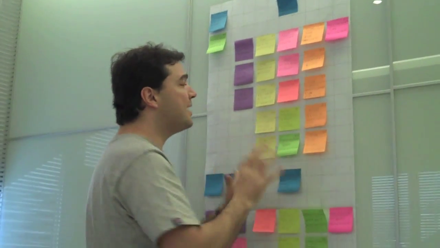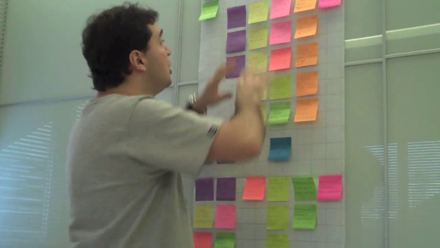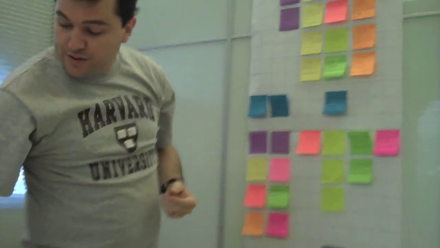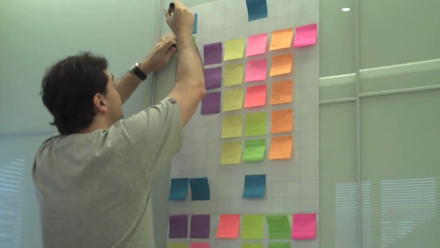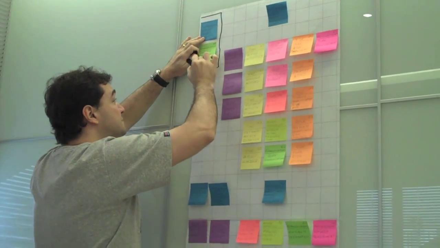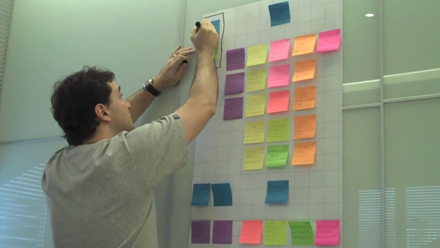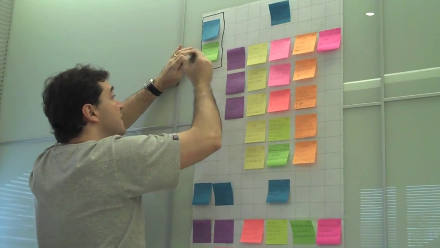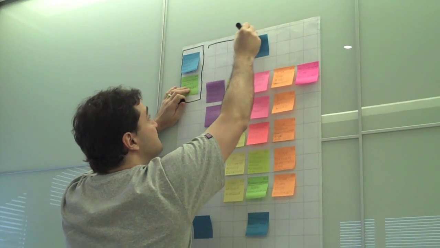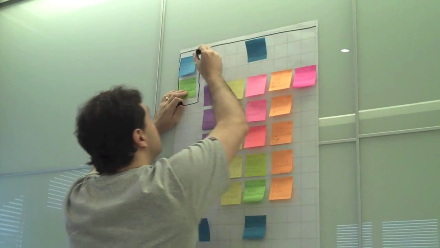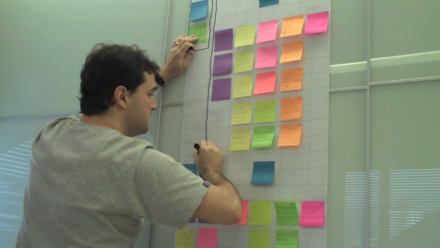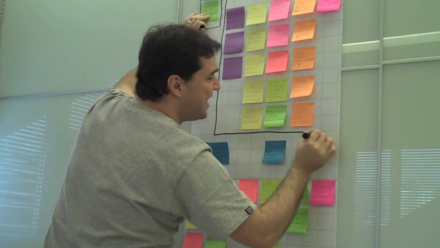And now what am I planning to do? I'm planning to connect and prepare the blocks first. So what I'm doing now, I will put a big box here. Initiation. Second box, big box, will be planning.